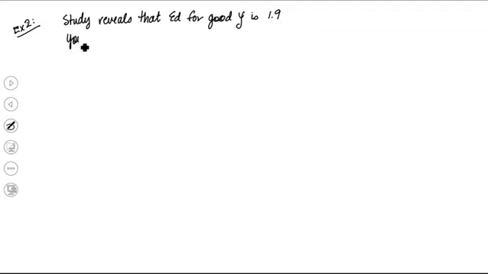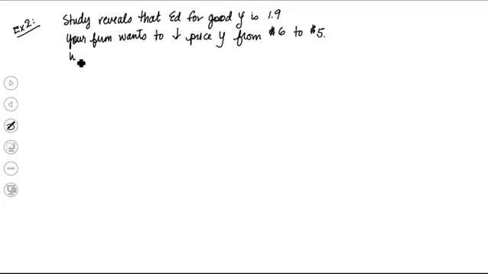What if there's a study, and that study reveals that the elasticity of demand for good Y is 1.9, and your firm wants to decrease the price of Y from, let's say, $6 to $5, and we want to know the impact on quantity.